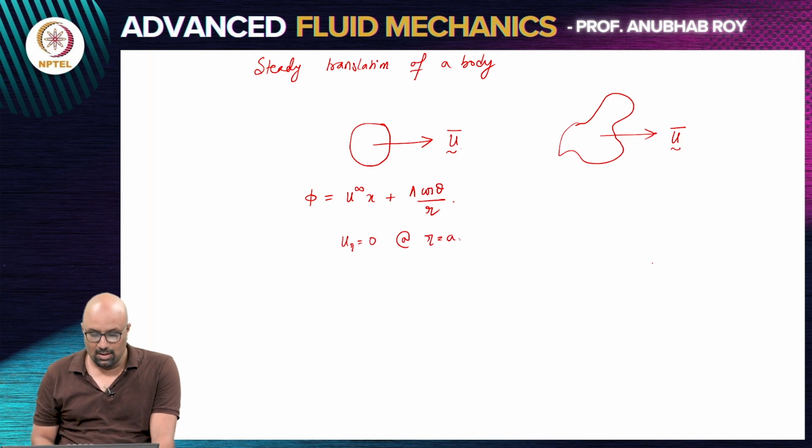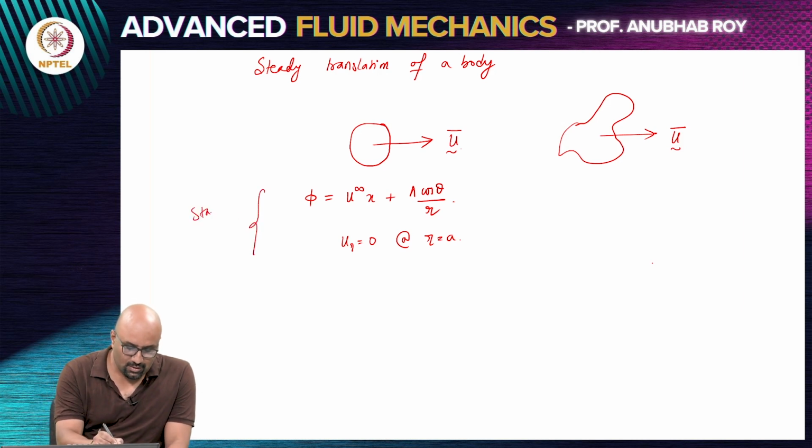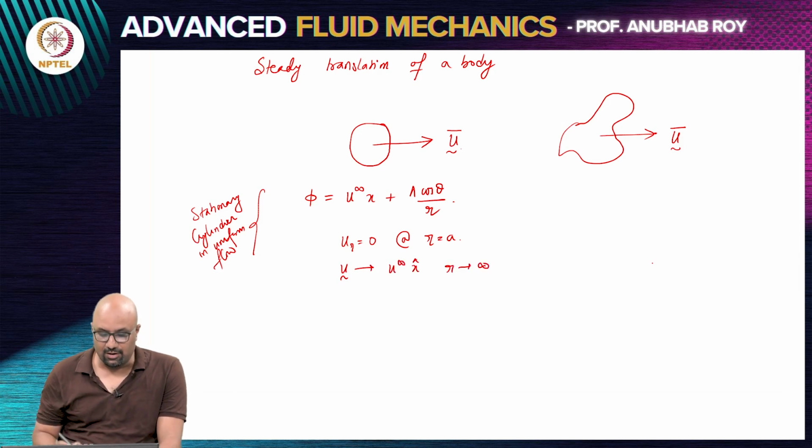So this is the case of a stationary cylinder in uniform flow, and the velocity field is u goes to u infinity x cap as r approaches infinity.